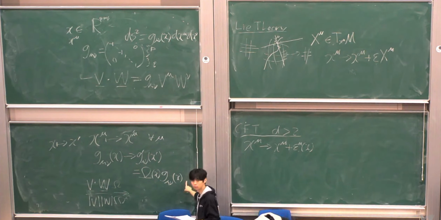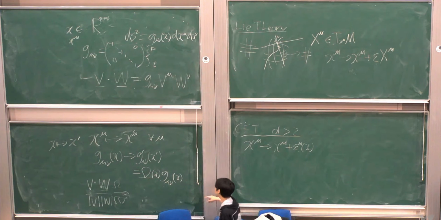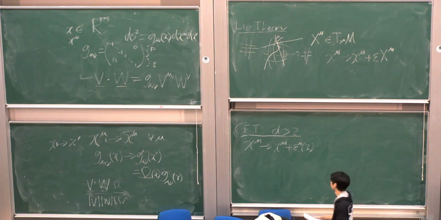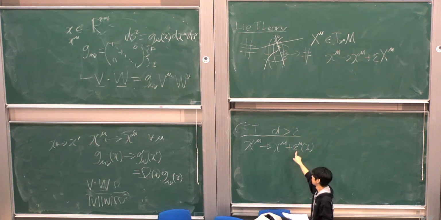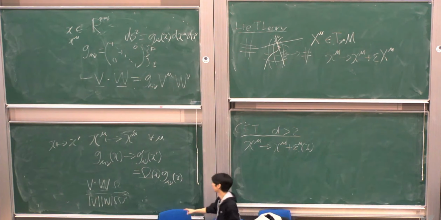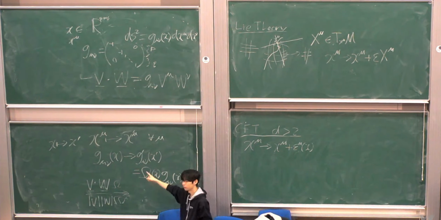using this relation, the full proof is in my note up there in the GitHub, but I'll just tell you what form this should take in order to make the metric transform in such a way.